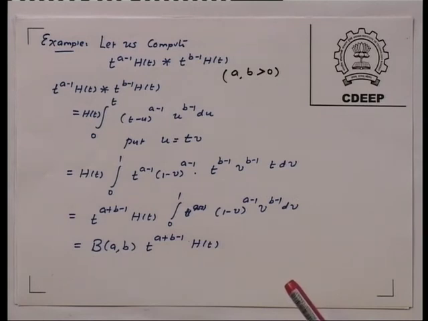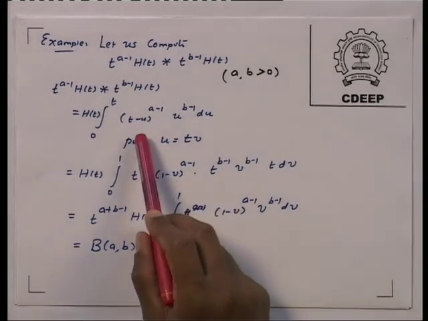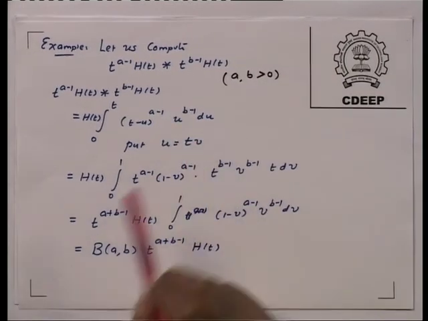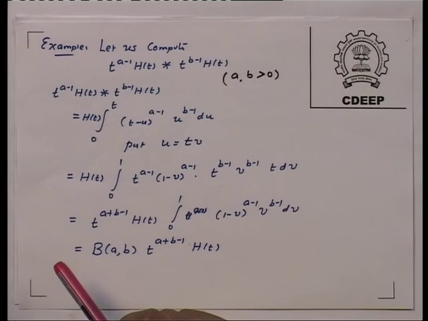The formula is the integral of f of x minus t g of t dt, but instead of x I am using t, instead of t I am using u. The convolution is the integral from 0 to t of (t minus u) to the power a minus 1 u to the power b minus 1 du, correct.